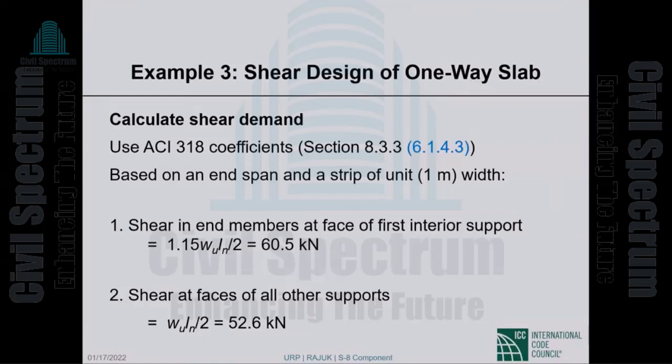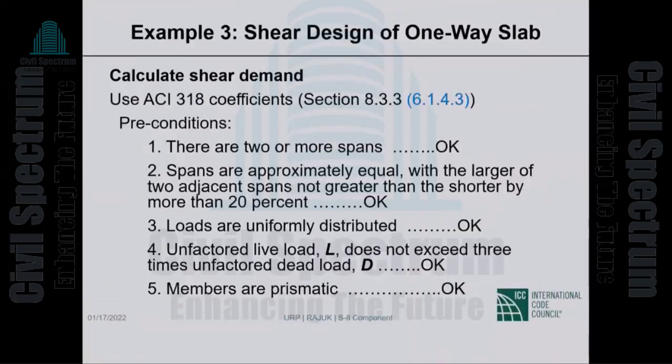That's the shear in end members at face of first interior support. So that's 60.5 kilonewtons. Shear at faces of all other supports is just W_u L_n over 2.